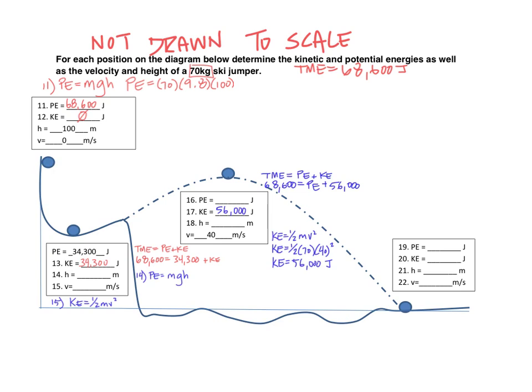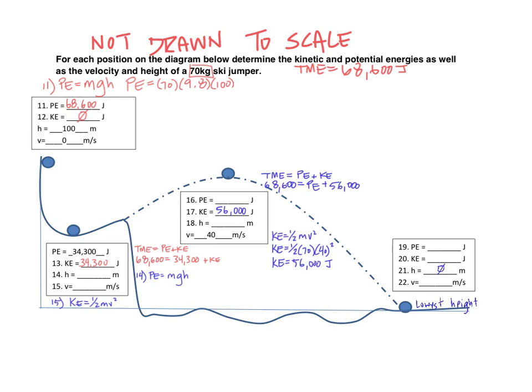Okay, and moving on, looking at the last point here, I don't have any information given to me, but I do know the position of this ball is at its lowest point. So what that means, if it's at the lowest height, then I can assume that my height is 0.